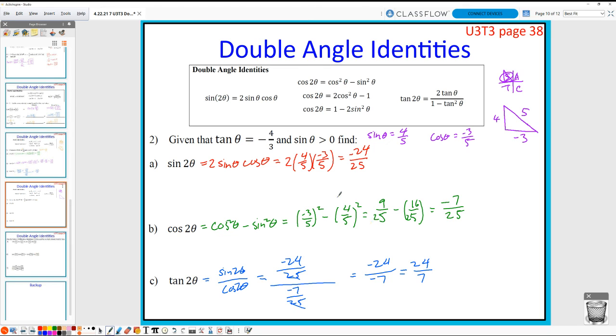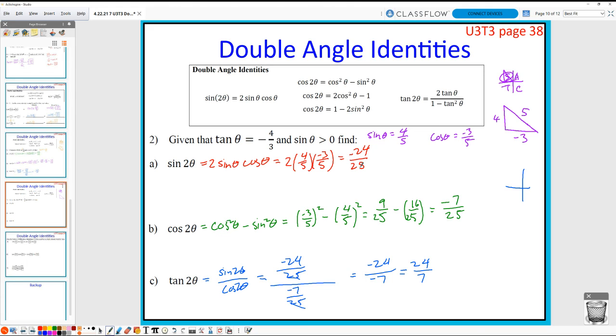Now, for those of you keeping track of the angle measurements and your signs, you might be saying, why is sine of 2 theta negative when sine of theta is positive? Well, I'm in the second quadrant. Whatever angle I'm at in the second quadrant, if I multiply that by 2, I'm going to be in the third or fourth quadrant.